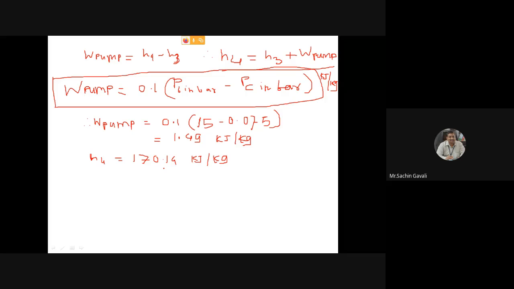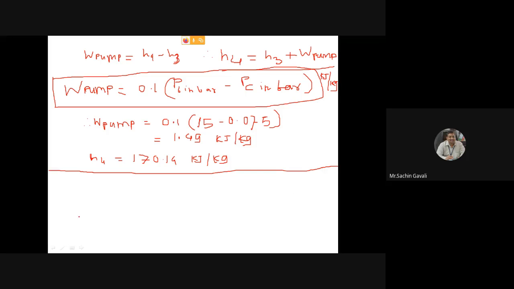Anybody has a problem finding the value of H1, H2, H3, H4? Same kind of numericals we have to solve every time, so the same procedure we are going to repeat. Anybody having a problem, mention it so that I will proceed further. Now our steam table is not required; only up to this we needed the steam table.